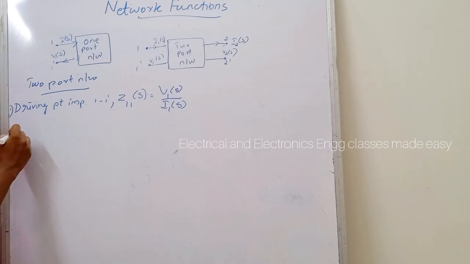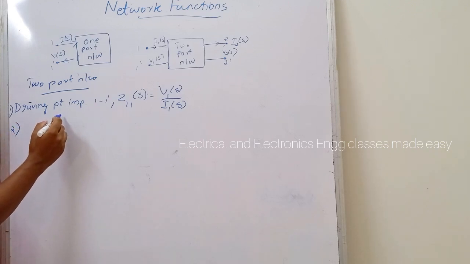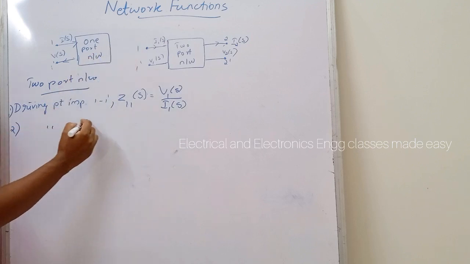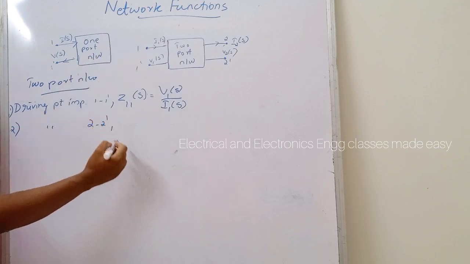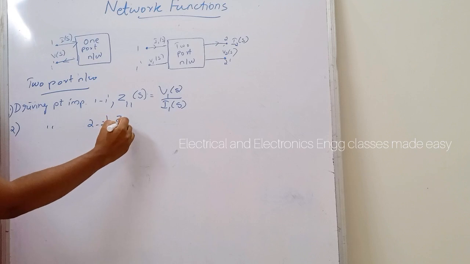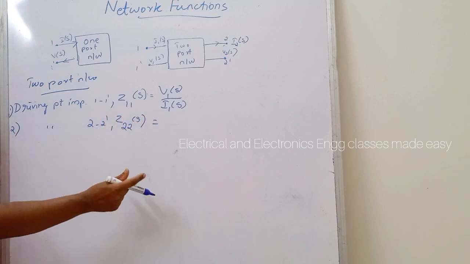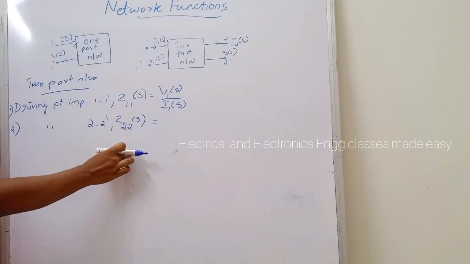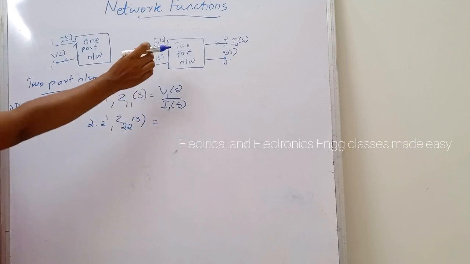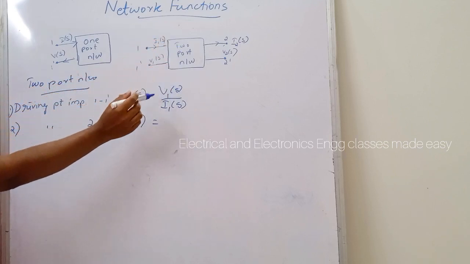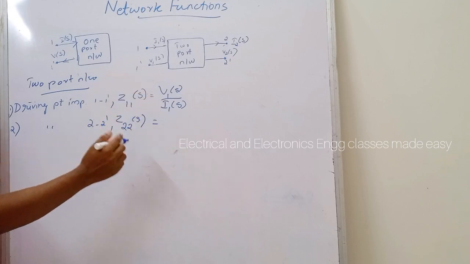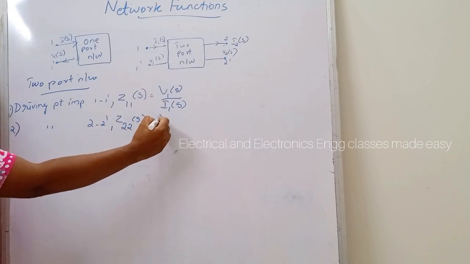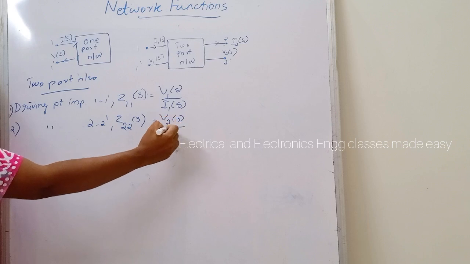Similarly, the driving point impedance at port 2 2 dash is represented by Z22 of s, the ratio of the transform voltage at port 2 2 dash to the transform current at the same port, that is V2 of s divided by I2 of s.